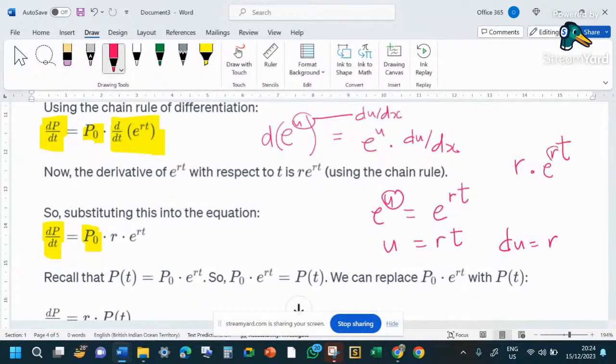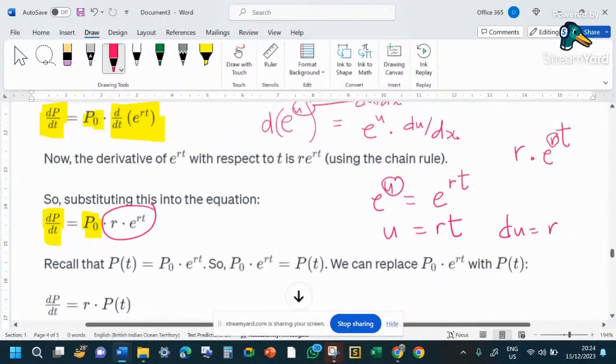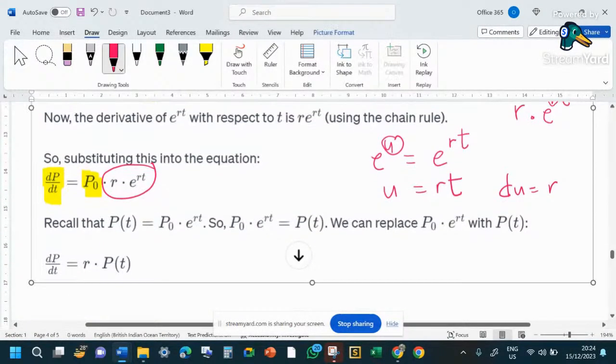That's the coefficient of your t. And then P initial times r times e to the rt, that will be the derivative of e to the rt.